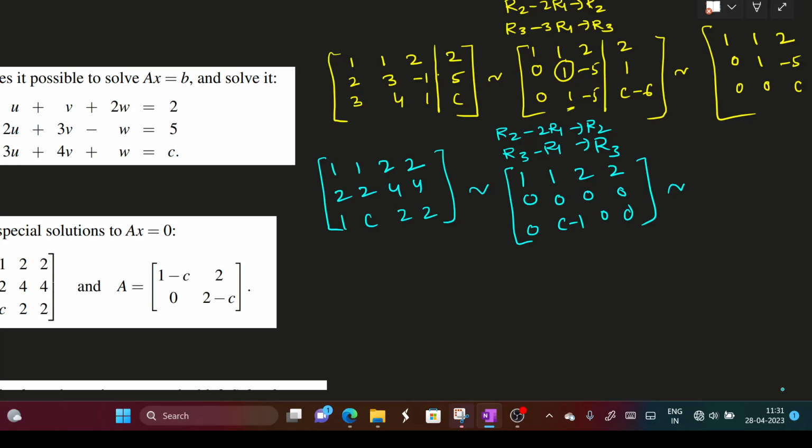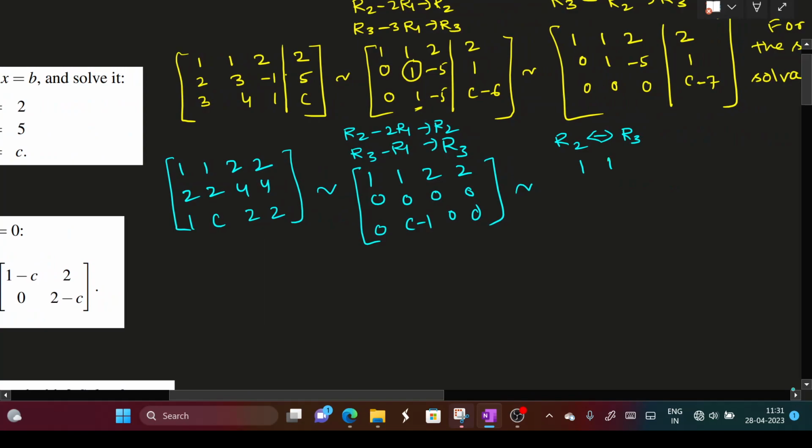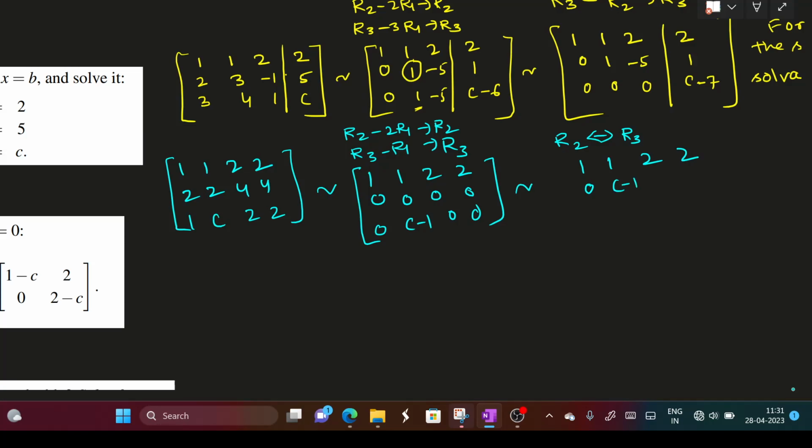I will change the row position: R2 interchange with R3. What we are getting? 1, 1, 2, 2; 0, c minus 1, 0, 0; 0, 0, 0, 0. So this is the matrix.